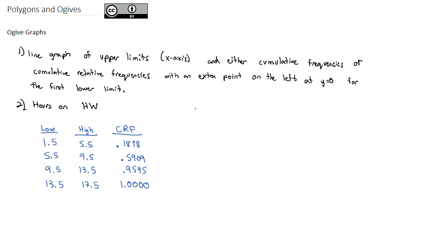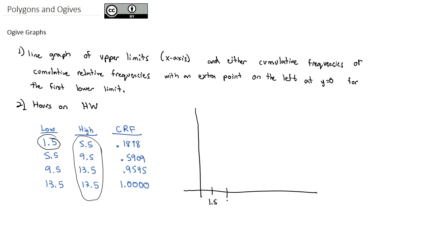So if we want to graph this as an ogive, we're going to use the limits as our x values, so the 5.5 through the 17.5. But remember, we have one extra one at the low value of 1.5. So we've got 1.5, 5.5, 9.5, 13.5, and 17.5.